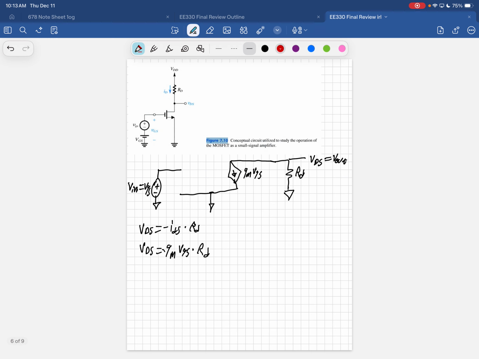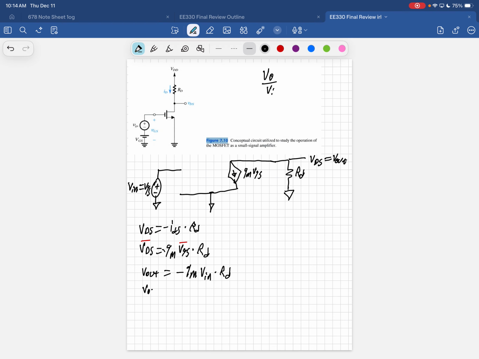And now that we're in this form, we have V out and we have V in. So V out equals negative GM V in times RD. And we're looking for VO over VI.